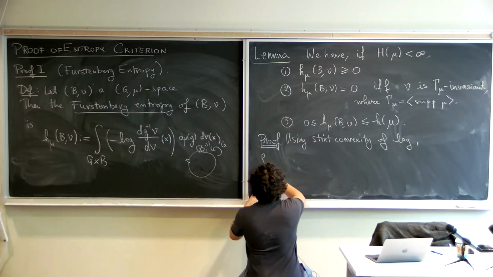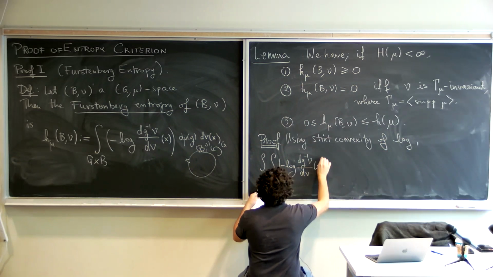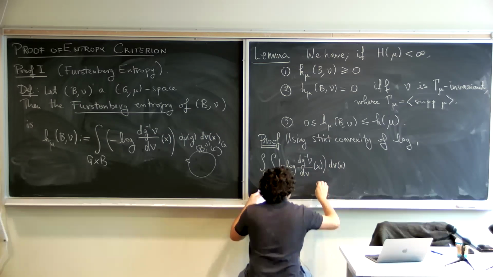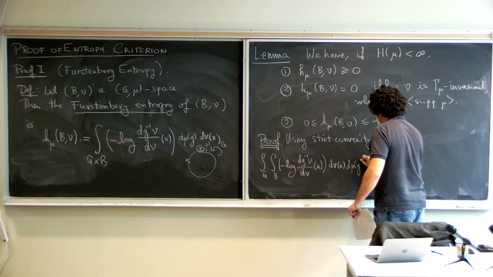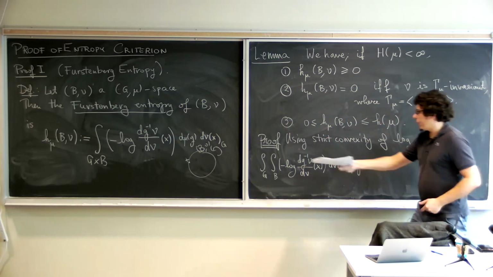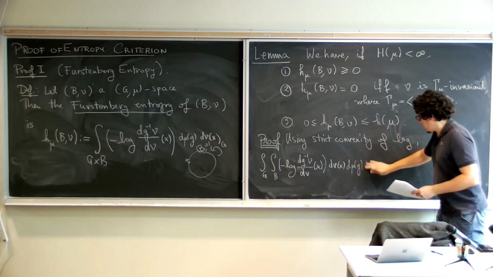Well, indeed, you integrate over G, and you're integrating over B of minus log of d(g^{-1}nu)/dnu (x) dnu(x) dmu(g). Well, this is less than or equal to, you see that the average of the log is actually bigger. Sorry.